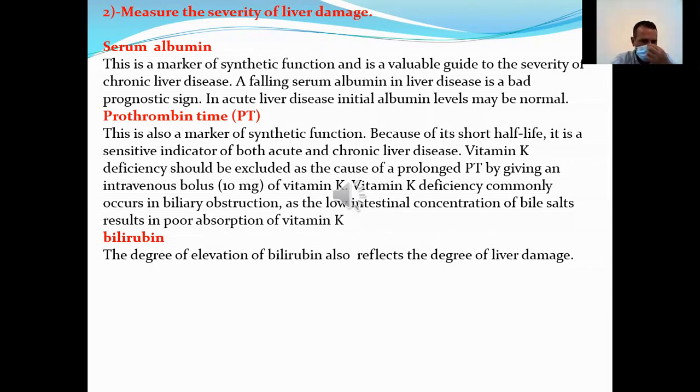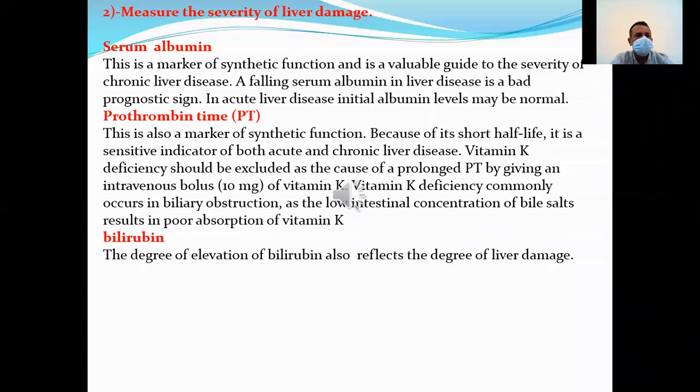Firstly, serum albumin. This is a marker of synthetic function, and it is a valuable guide to the severity and the chronicity of liver disease. So a decrease in albumin in liver disease is a bad prognostic sign.